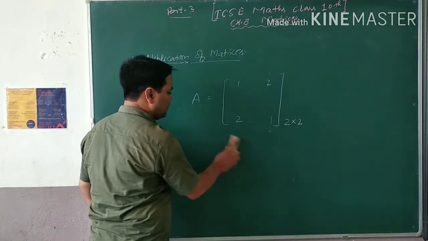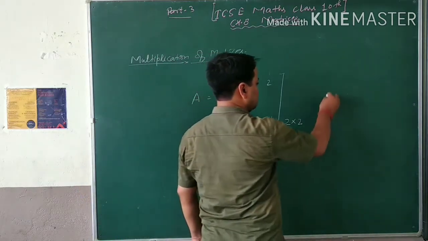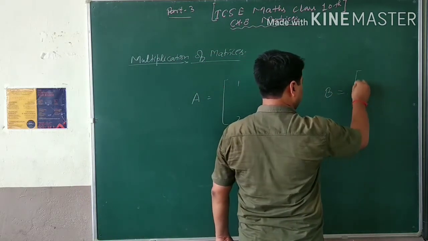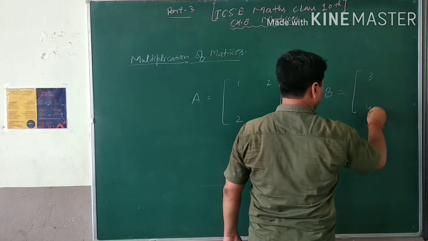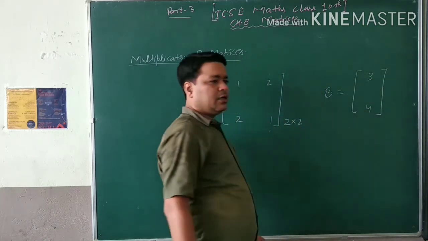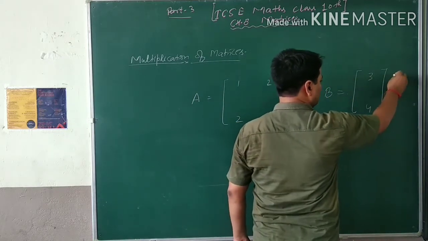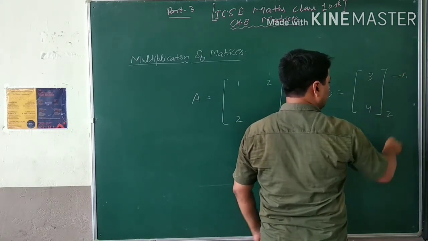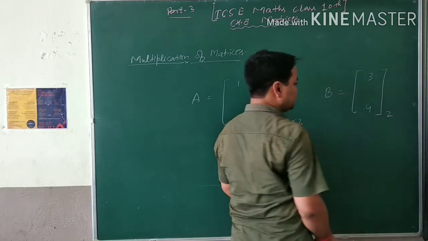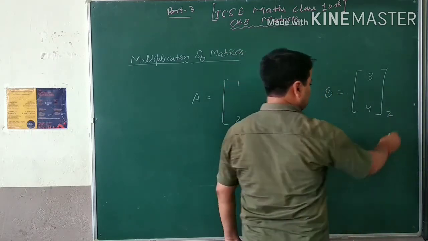Again, if we have one more matrix, that is B, with 3 and 4. Here the number of rows is 2, first row R1 and second row R2, but there is no need to write this. There are 2 rows and 1 column.